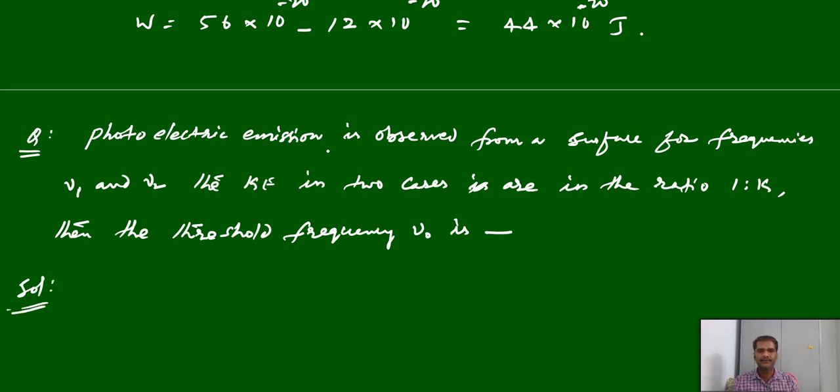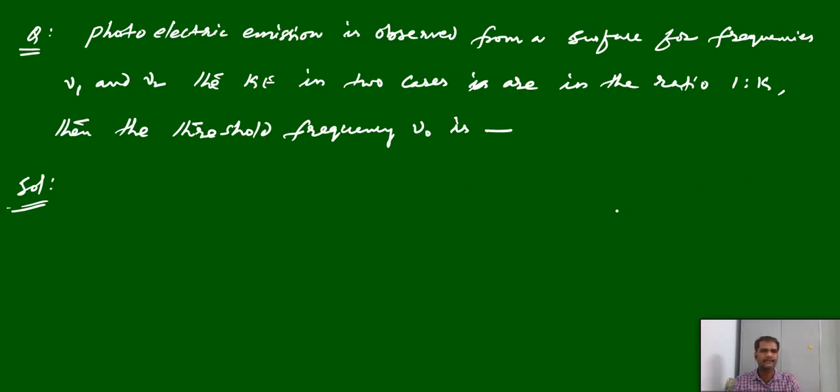What is the question? Photoelectric emission is observed from a surface for two incident frequencies. Then the kinetic energies in the two cases are in the ratio 1:k. Then the threshold frequency. It's the same metal here. First, we are incident with the frequency nu1, then again with frequency nu2.